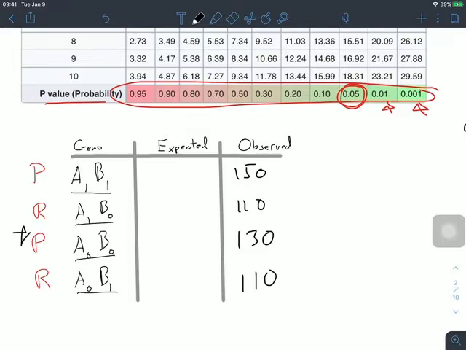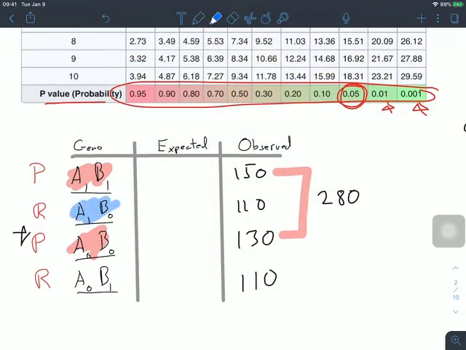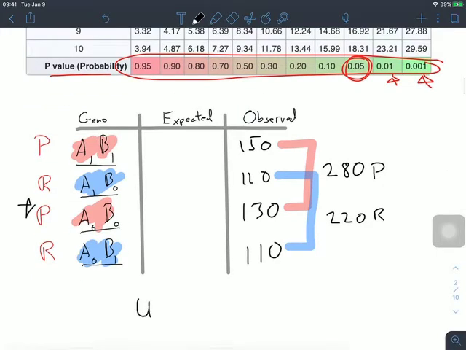And again, looking at these in terms of parental, we see that we have a total of 280 parental types, and we see that we have a total of A1B0 recombinant, A0B1 recombinant, 110 and 110, or 220 recombinants. Now, what are our expectations if these are unlinked loci?